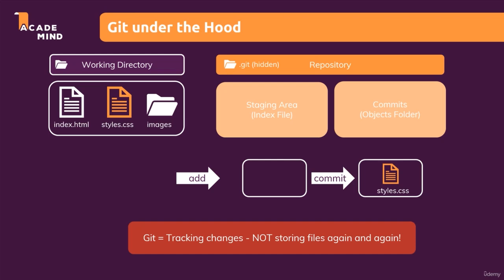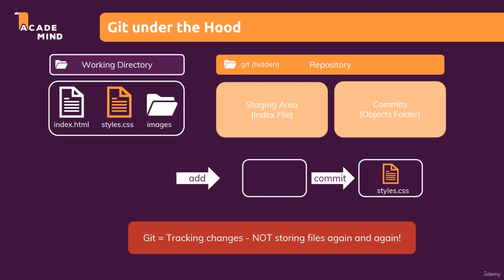Git means tracking changes, not storing files again and again. Of course, Git has to store the initial files in the initial commit. So again, in our example, if we create the first commit, Git will store the index.html file, the style CSS file, and the images inside our image folder.